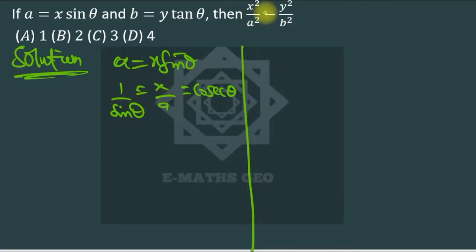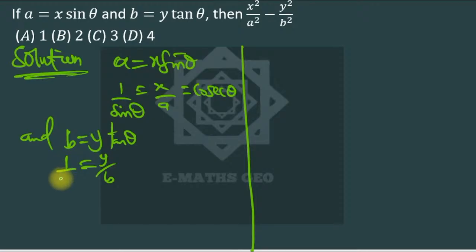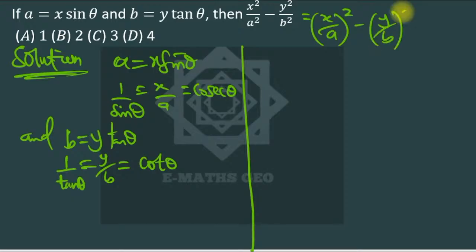Here, I'm seeing y over b, and b equals y tan theta. In the same way, making y over b the subject of formula, y over b equals 1 over tan theta. Again, we know that 1 over tan is cot. So we are given x squared over a squared minus y squared over b squared, which can be written as x over a all squared minus y over b all squared.